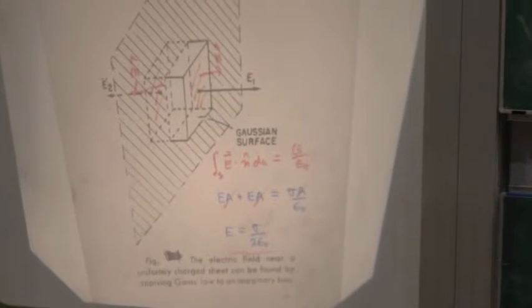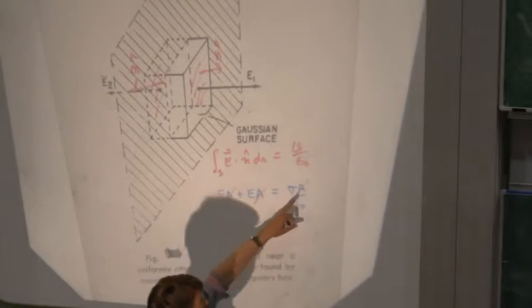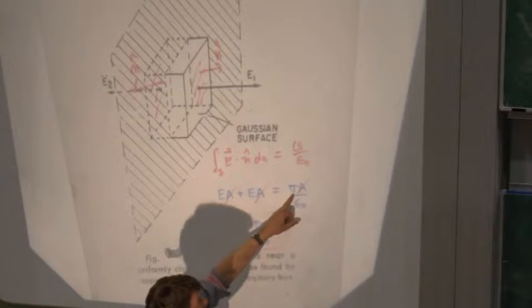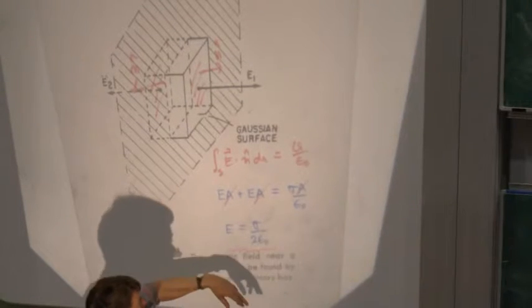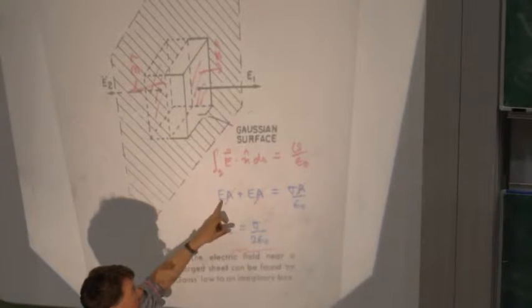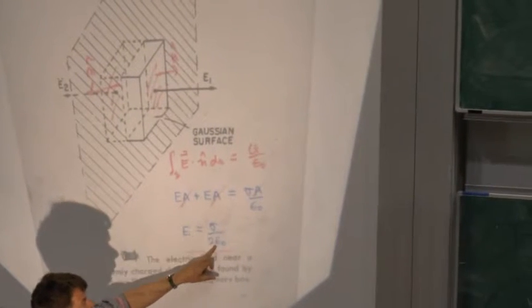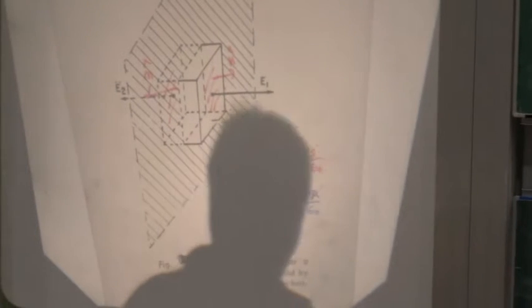The electric field on either side of the sheet points out normally to the sheet and is of equal magnitude on the two sides. So integrating over the front face gives me EA, integrating over the back face gives me EA, and the charge inside is the area times the surface charge density sigma over epsilon naught. The A's cancel, and you get that the E field of a single charge sheet is sigma over 2 epsilon naught.